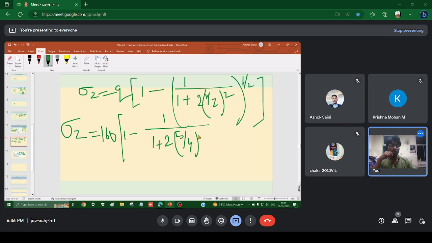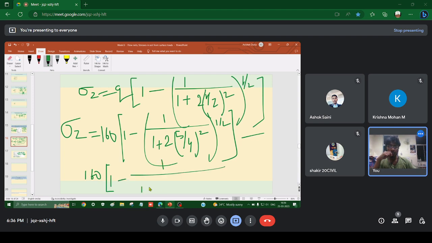So 160 into 1 minus 1 by 1 plus 2 into 5 by 4 whole square, whole to the power half, minus again 160 into 1 minus 1 by 1 plus 2 into 3.75 divided by 4 whole square, whole to the power half. Is it clear? The formula and how am I getting it?